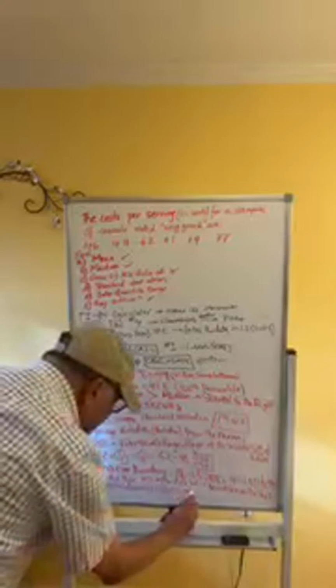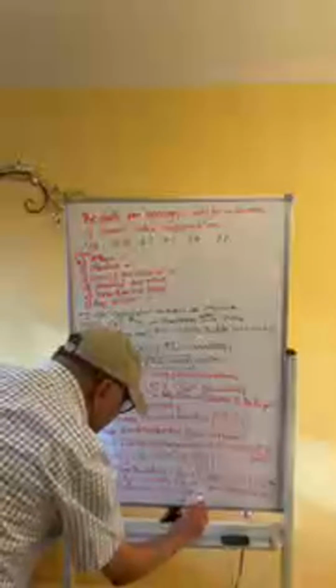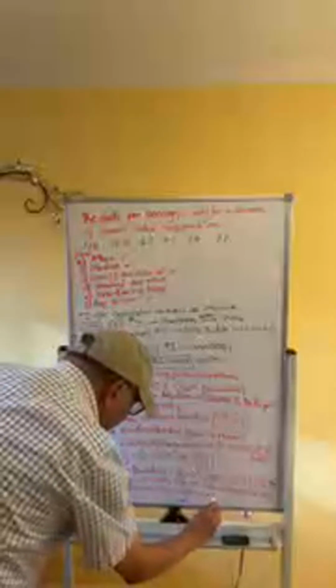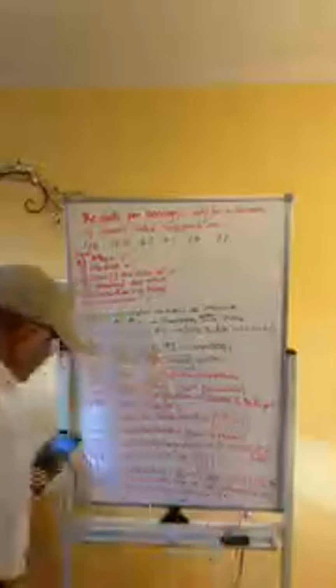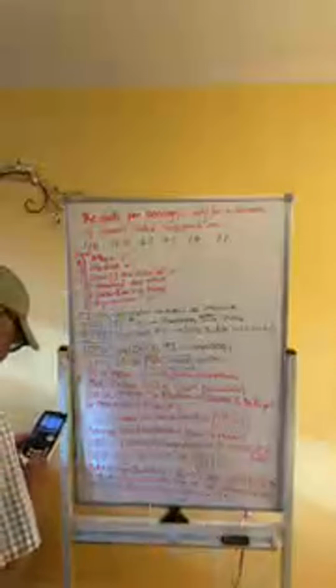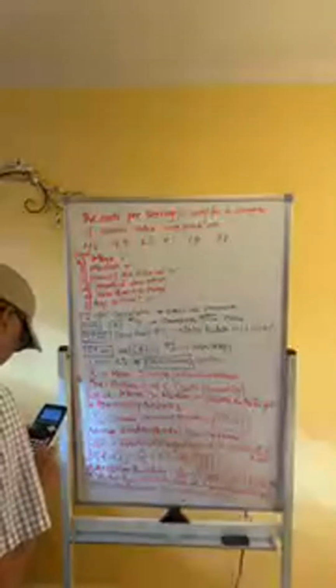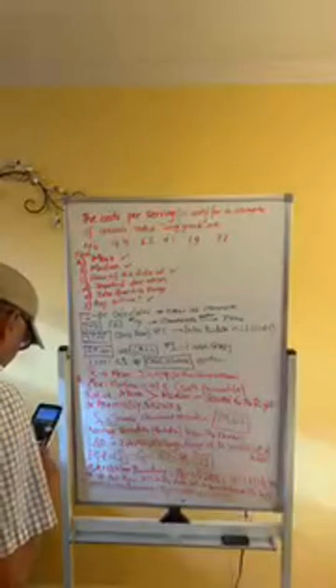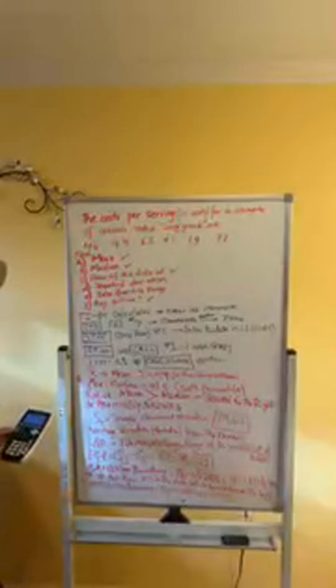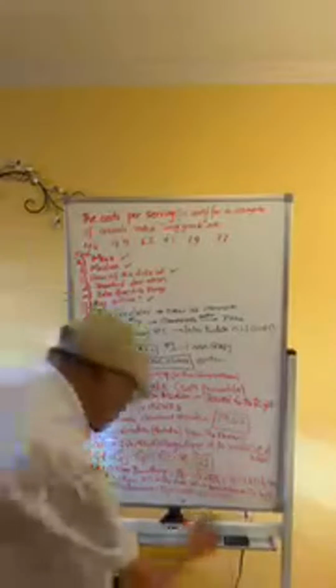So in our case, this is 62 plus 1.5 times 21, which is, let's do the calculation, 62 plus 1.5 times 21 is 93.5.